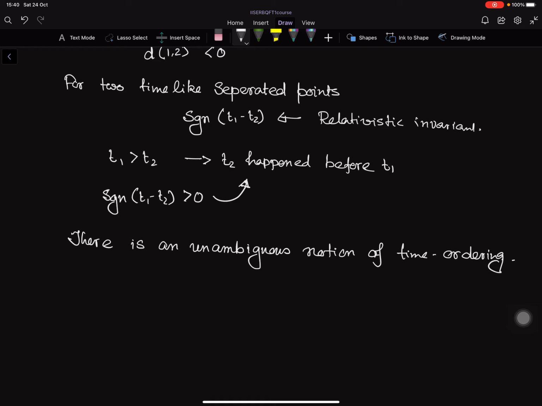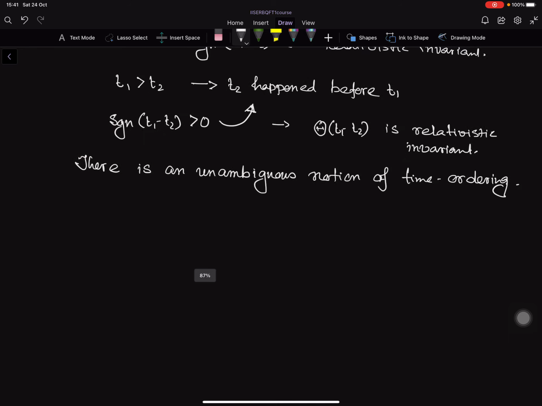So that's another way to say that theta of t1 minus t2 is relativistic invariant for time-like separated points, okay.